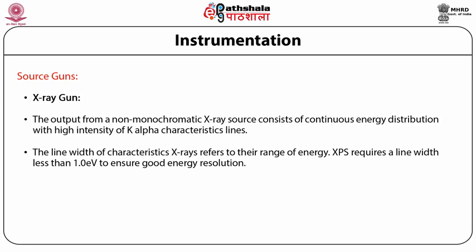Both aluminum K alpha and magnesium K alpha exhibit line widths less than 1.0 electron volt and also have sufficient energies for photoelectron excitations. Now, the electron gun.